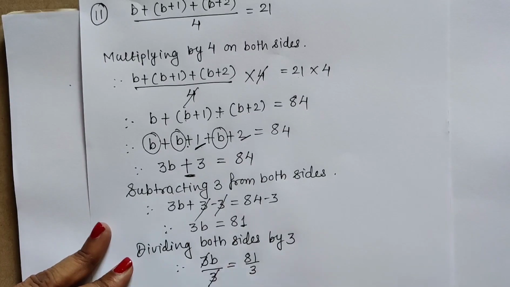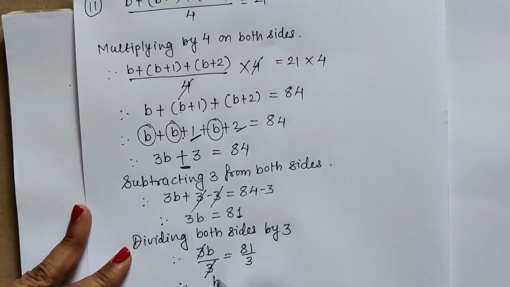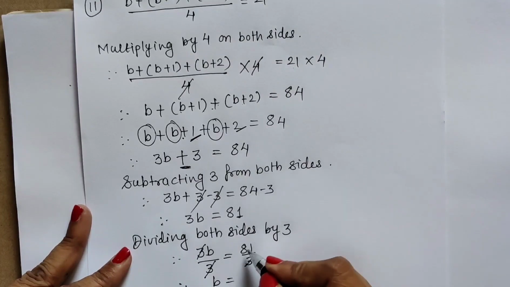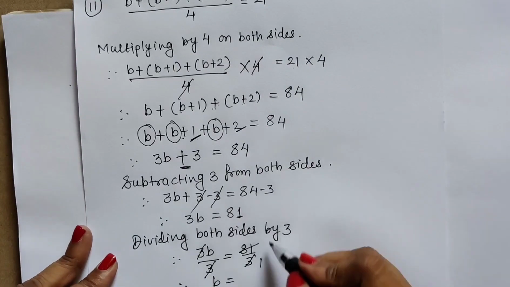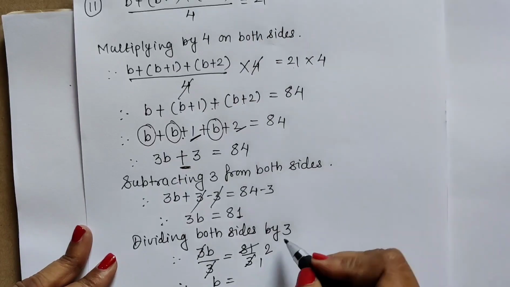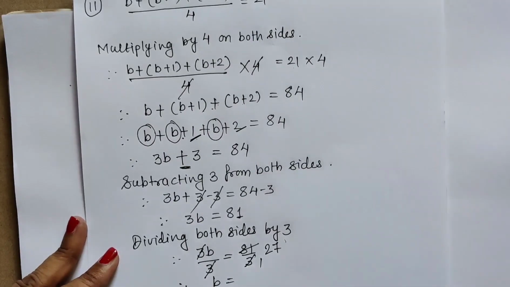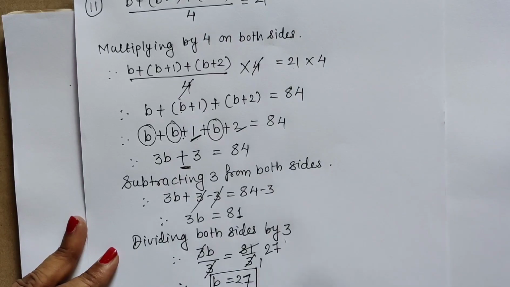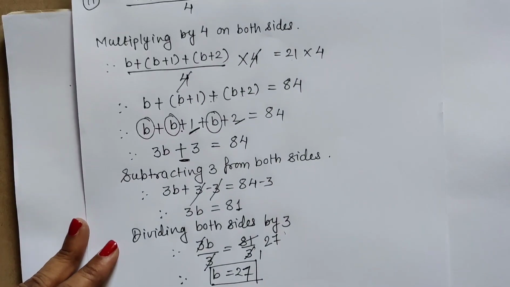This 3 gets cancelled. b is equal to, 3 ones are 3, 3 twos are 6 and 3 sevens are 21, so b is equal to 27. We are getting the answer.